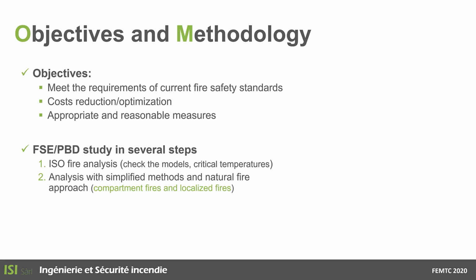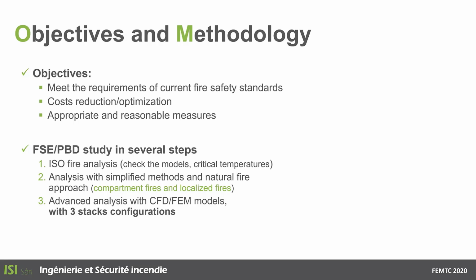The first one is an ISO fire analysis that allows to check the models and check the critical temperature for the structural elements. The second step consists in the analysis with the simplified methods and natural fire approach. This is done with compartment fire and localized fire. The third step, if the second one is not sufficient, will be done with advanced analysis with CFD and FEM models.